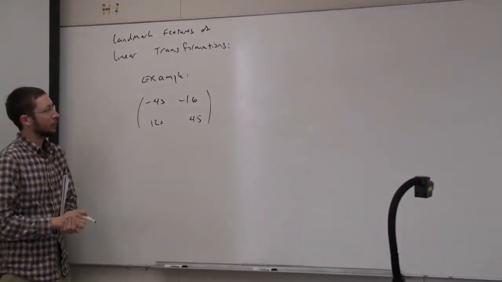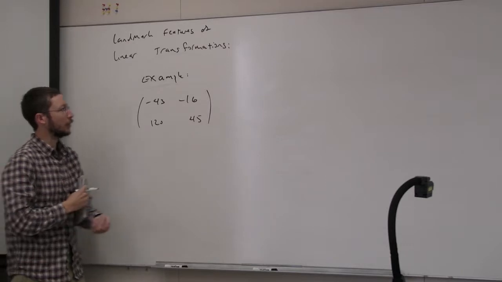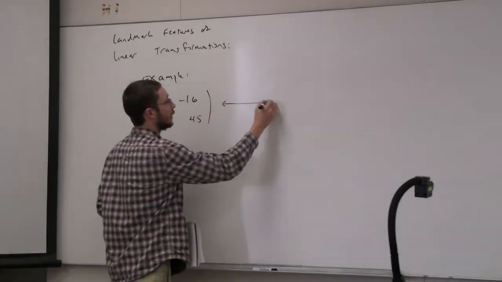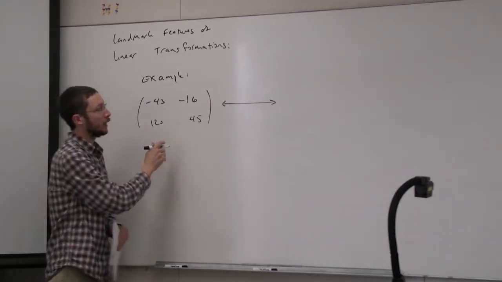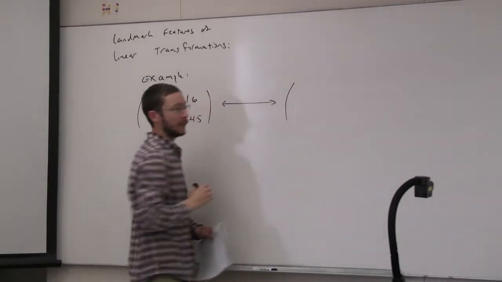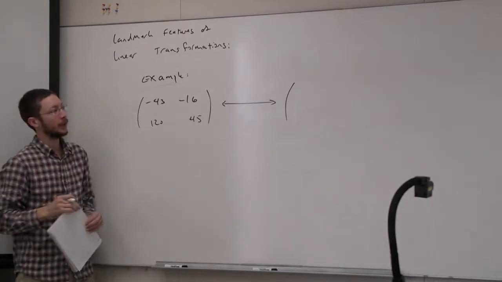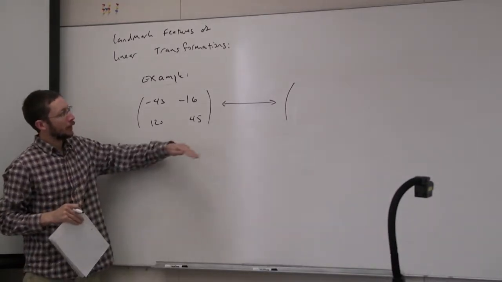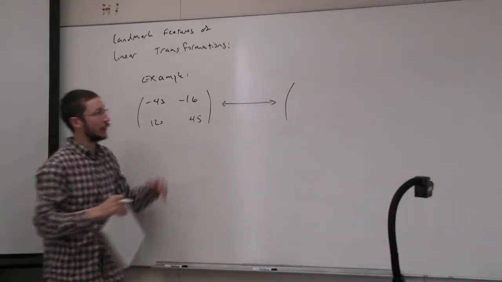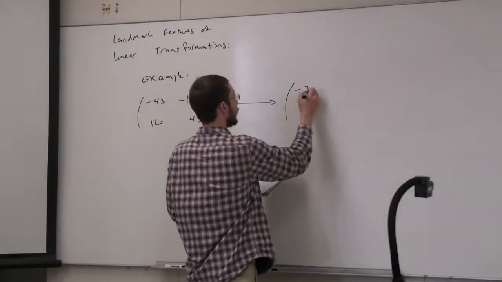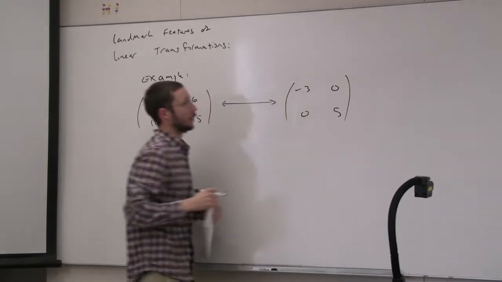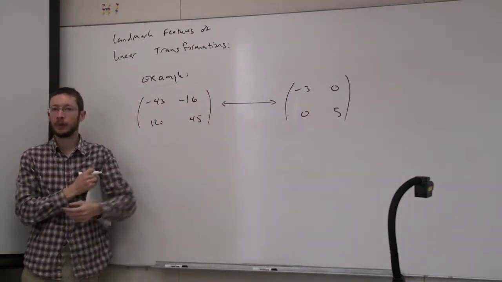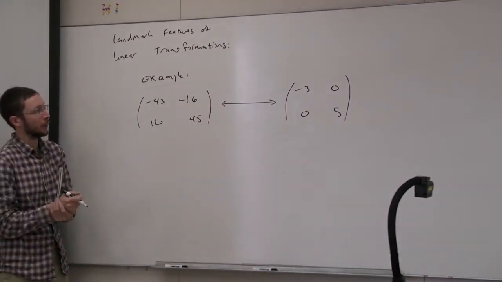We've got a seemingly random collection of numbers, but this is expressed in terms of some basis, and if you change basis, which we haven't really talked about yet, we're going to get to that probably next lecture, then you can rewrite this transformation in a much cleaner form. This thing turns out to be equivalent to this transformation, where the only difference is we're using a different basis to express the linear transformation.